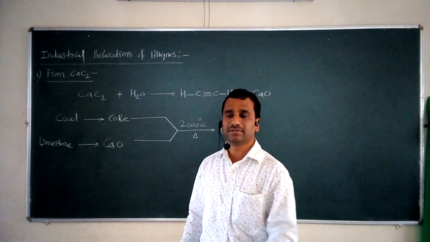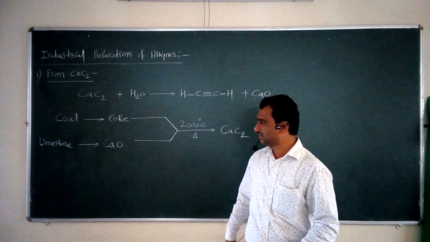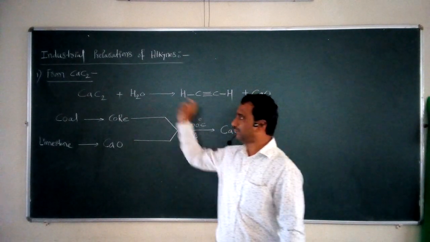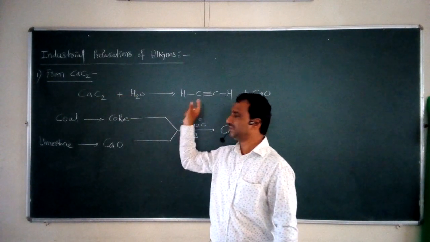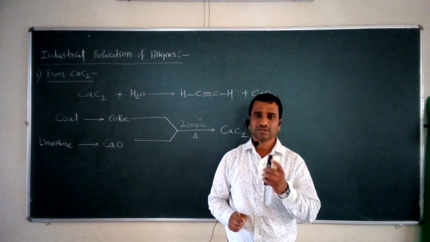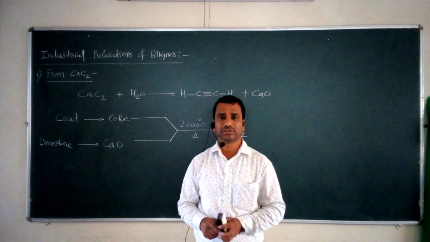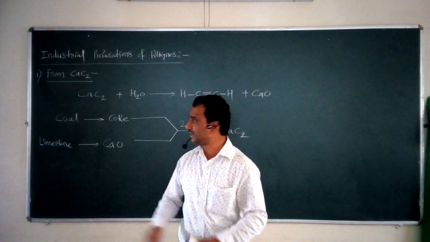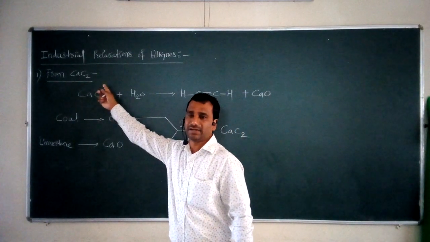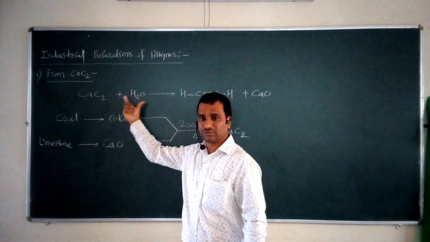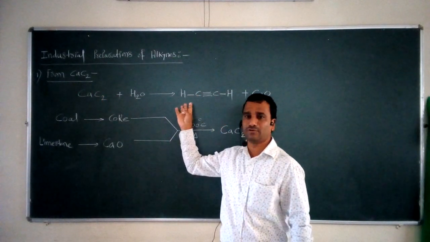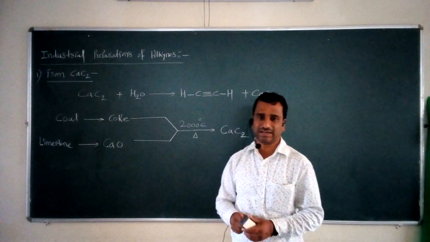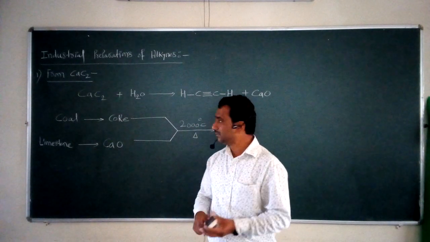So this is a very simple method of preparation for calcium carbide, which is nothing but our required reactant for the formation of acetylene on an industrial level. So this is the first simple method for the formation of alkynes, the preparation of alkynes from calcium carbide. This calcium carbide reacts with the water molecule and forms an acetylene molecule along with the byproduct calcium oxide. Now, how to form this calcium carbide?